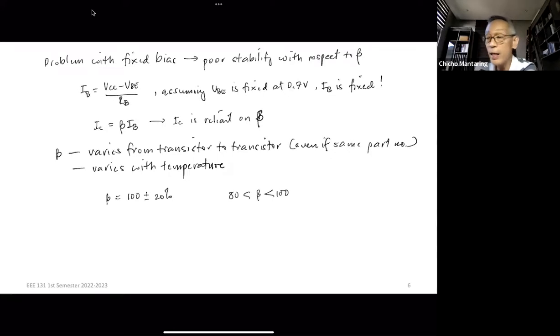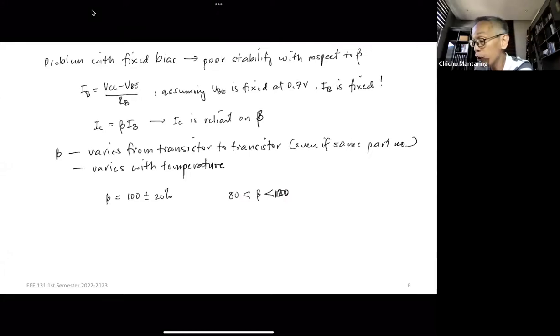So let's say your transistor got broken and you had to replace it with exactly the same transistor, the same part number. If your first transistor happened to be on the low side, with beta equal to 80, and the replacement transistor happened to be on the high side, that is 120, then imagine you have a 50% increase in beta.